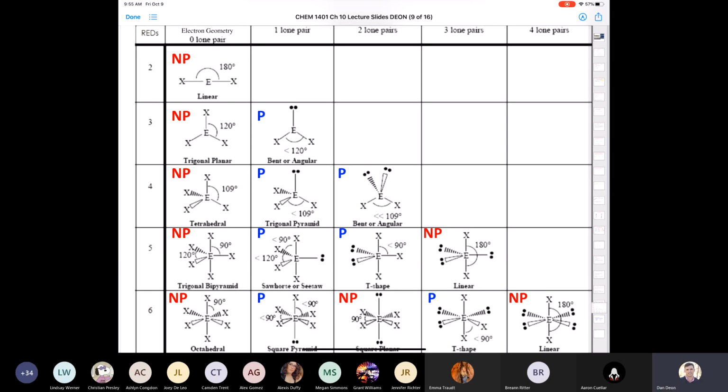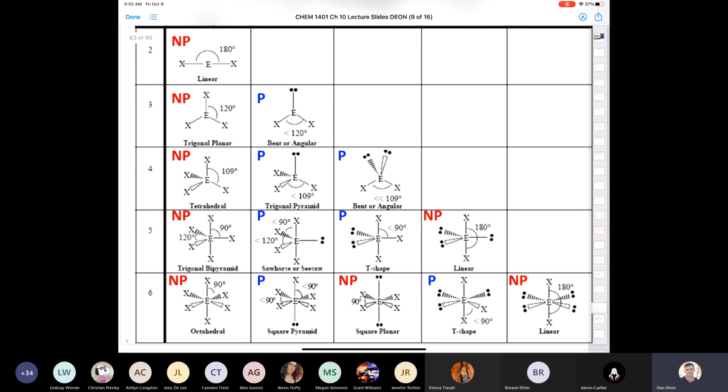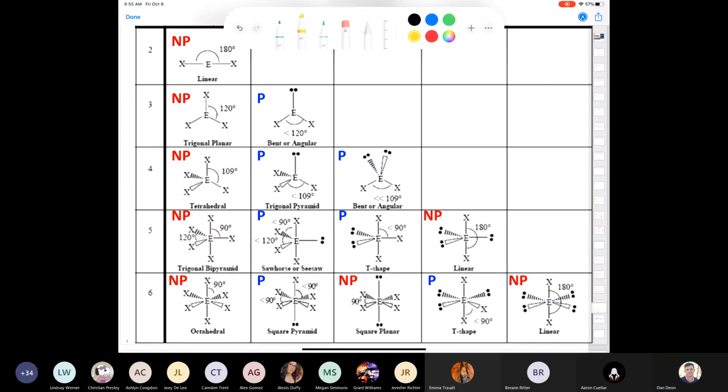There's a trap that students fall into sometimes. There's kind of a general rule, and it's super general because there's plenty of exceptions, and you can see them in here: when you have lone pairs on the central atom, the molecule is usually polar. Look: lone pairs, lone pairs, lone pairs.